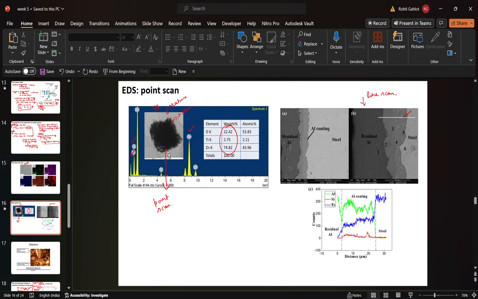Here we did the point analysis, and you can see that it gives your analysis in both weight percentage as well as atomic percentage. You can see that your zinc is around 43.96%, then your titanium is around 2.23, then your oxygen is around 8. So by this you can make some formulas with that.